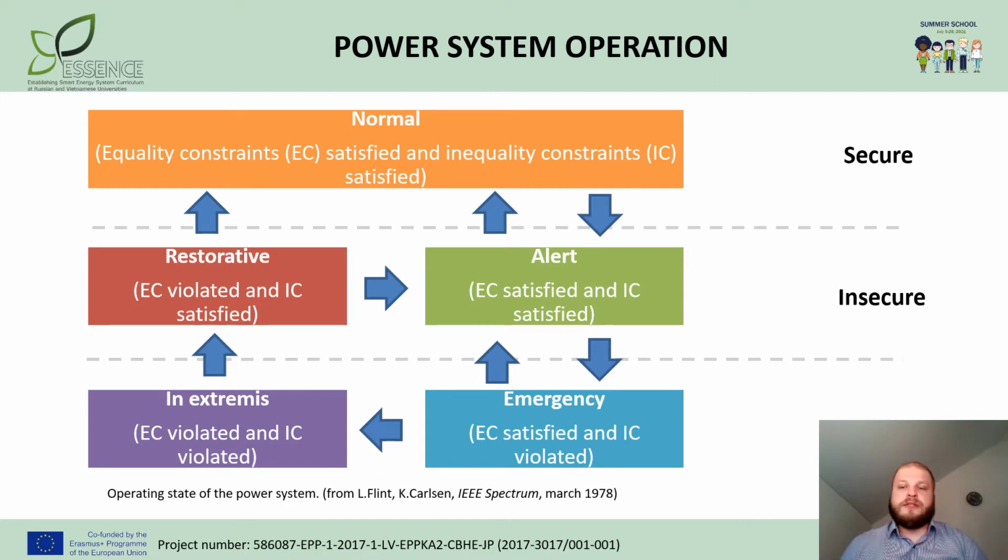If these measures are not taken in time or are ineffective, and if the initiating disturbance or a subsequent one is severe enough to overstress the system, then it starts to disintegrate, entering the extreme state. In this state, equality as well as inequality constraints are typically violated. The system would no longer be intact, and major portions of the system load would be lost. Emergency control actions should be directed towards salvaging as many pieces of the system as possible from total collapse.